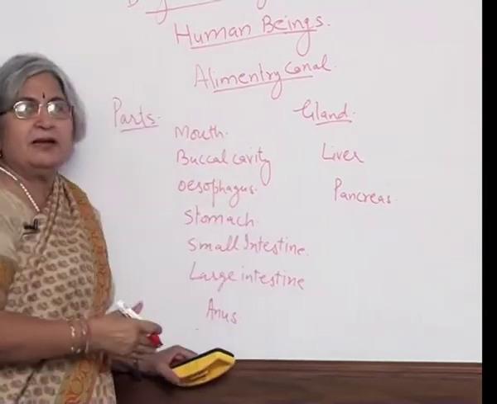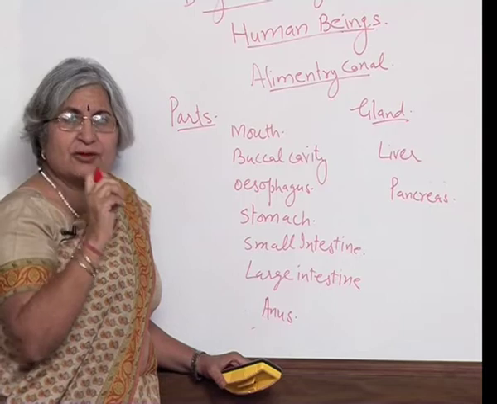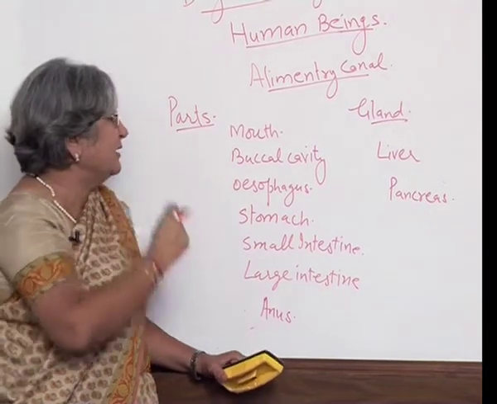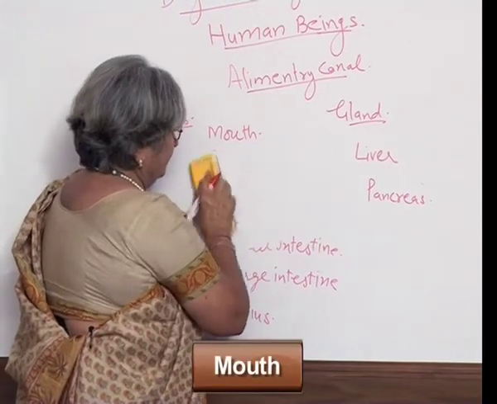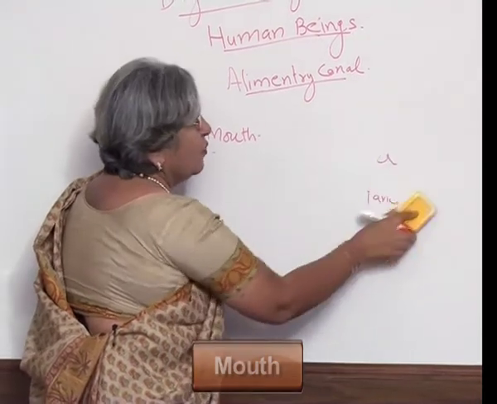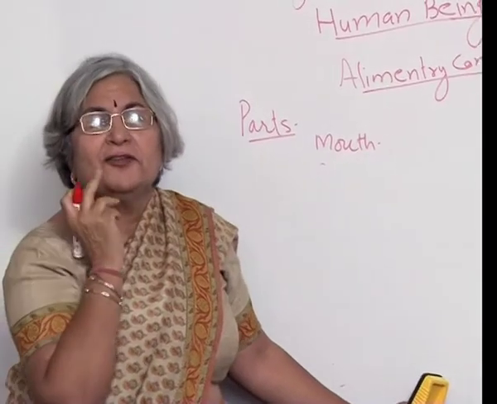So, one by one we will take up all these parts and study what are the structural and functional details of these parts. So, first we will take up mouth. What is mouth? You will say this is mouth. So, what is this?